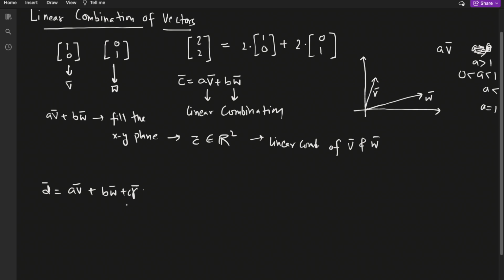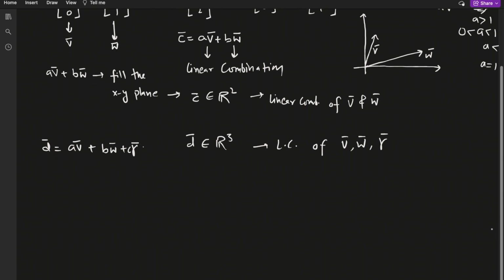If these three vectors are not linearly dependent, then any vector d belonging to R cubed is nothing but a linear combination of these three vectors. But there is a condition: this will be true only if these three vectors are linearly independent, and I will explain what linearly dependent and linearly independent mean in a couple of moments.